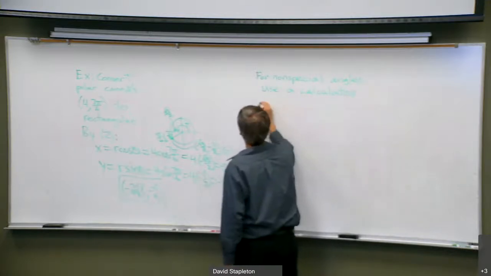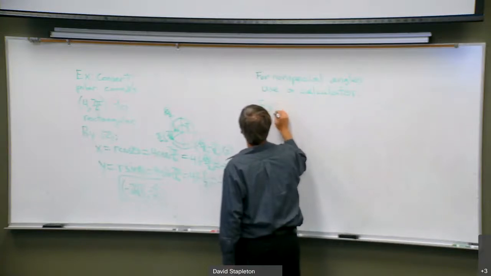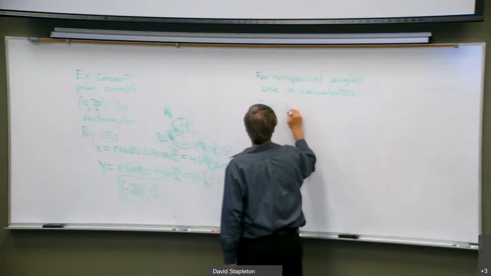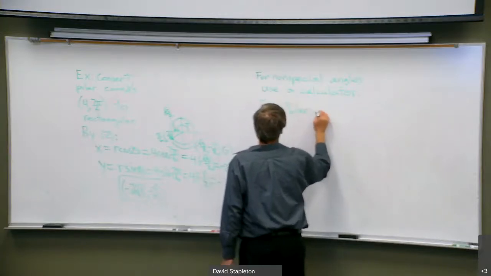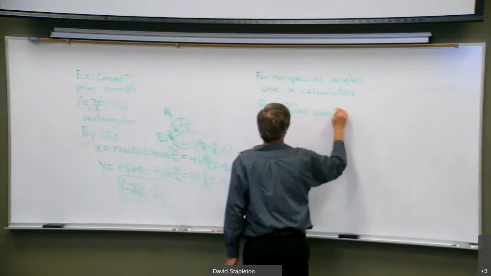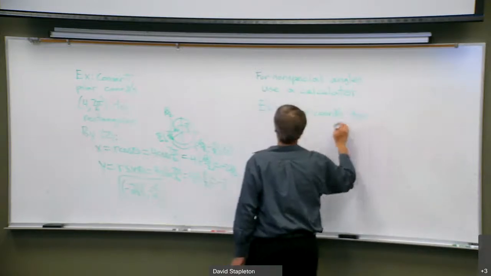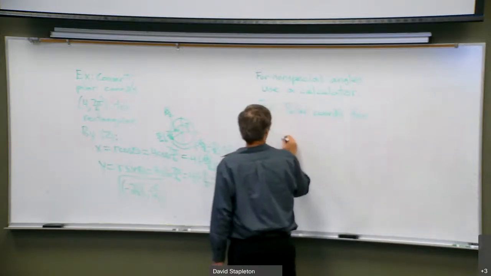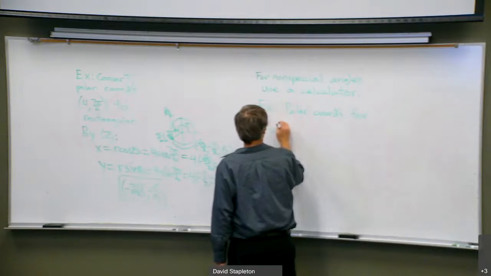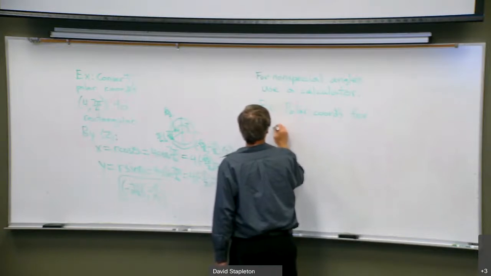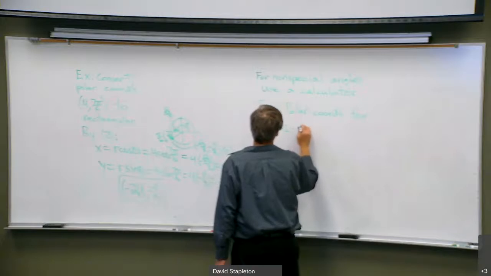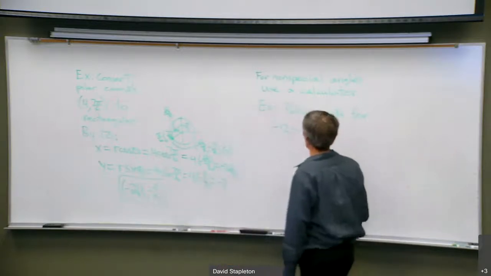And here's just by example. Suppose I want to find polar coordinates for the point with rectangular coordinates minus 12, minus 5. How about that?